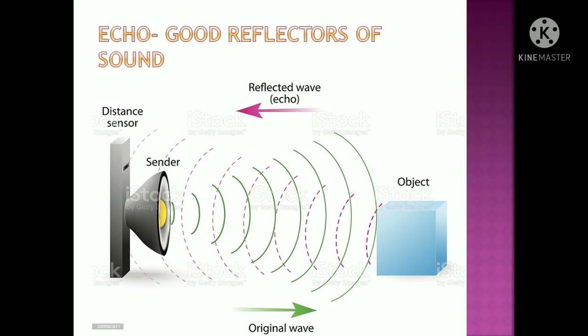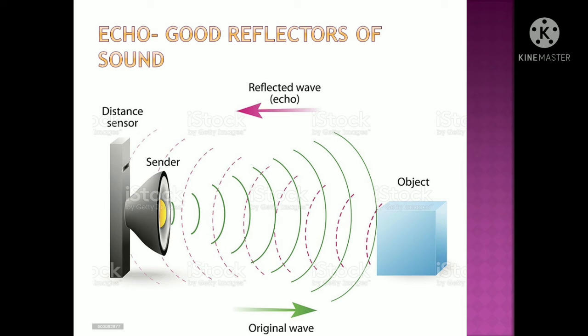Can you see the green color lines? That is the original, and the purple color is the reflected wave, or the echo. So always remember, if it is a good reflector of sound, then it will produce good echoes, like metals and alloys such as steel.